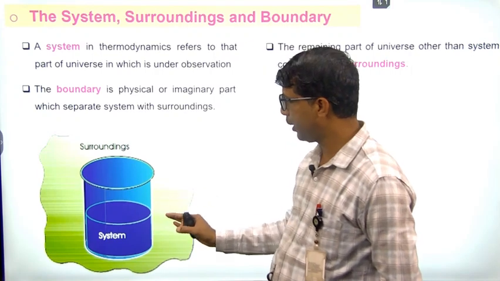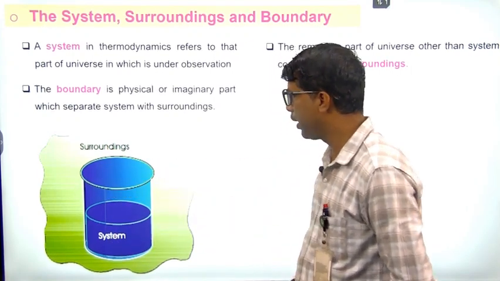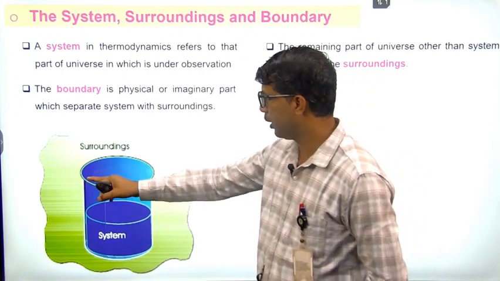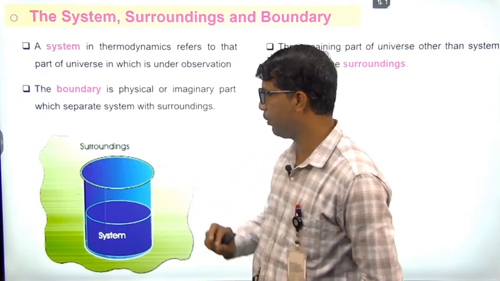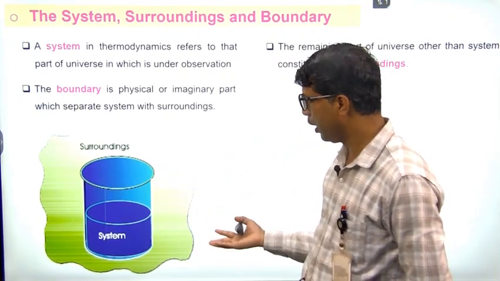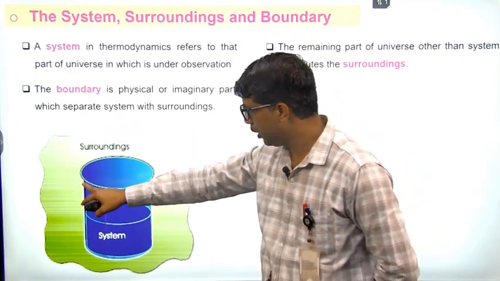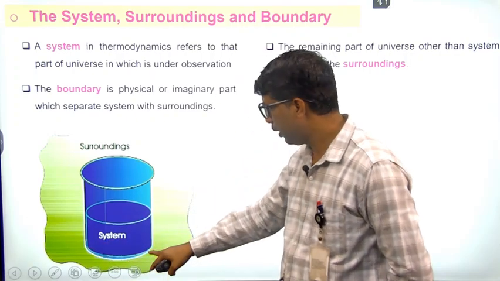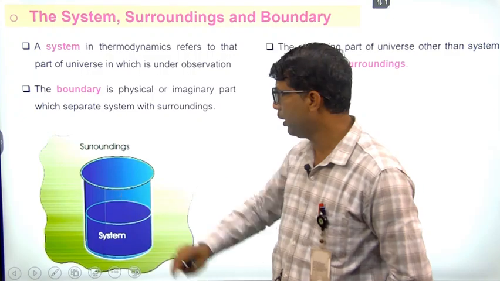So here we have another terminology. This terminology separates the system, that means water, and the surrounding, that means the beaker. The term which separates the system from the surrounding, which may be imaginary or physical, is known as a boundary. So here we have the imaginary boundary which separates the system from the surrounding.